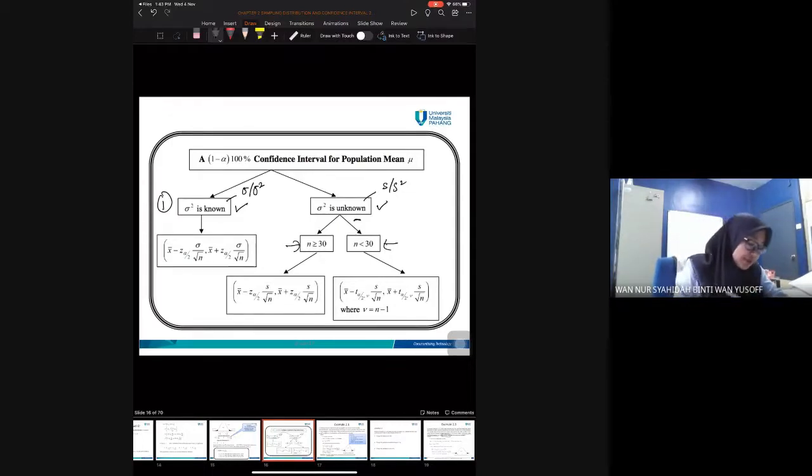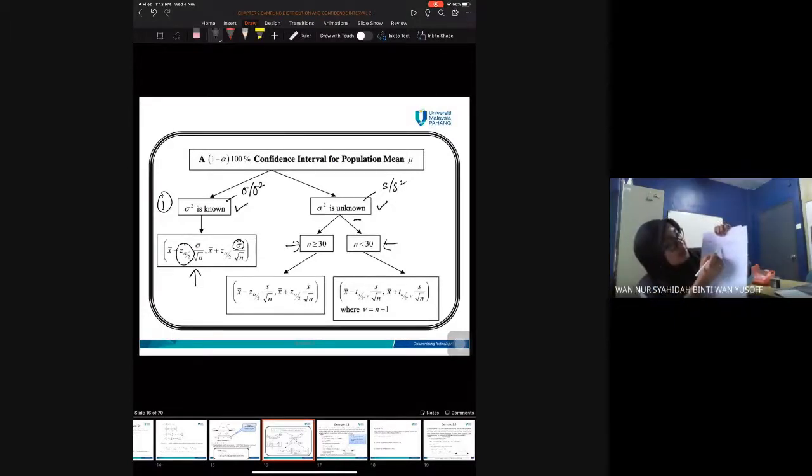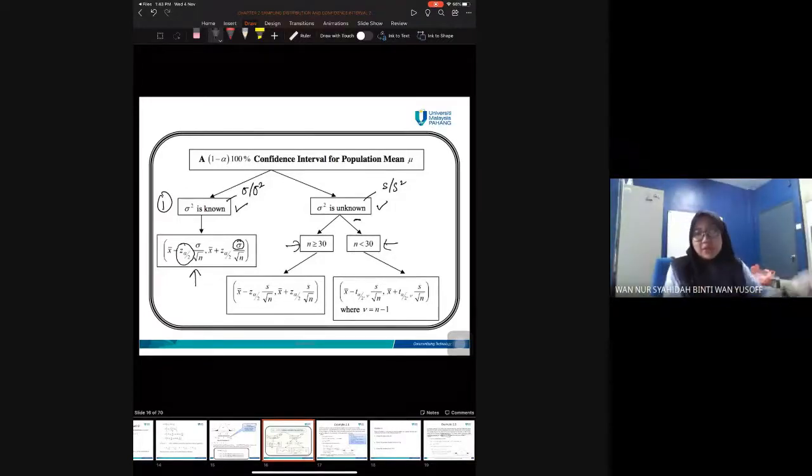So if you have sigma or sigma square in your question, then we use the first formula here, with the Z distribution. How do we know this formula is for the known? Because you have sigma. In your statistical table, the formula with sigma is for the known.